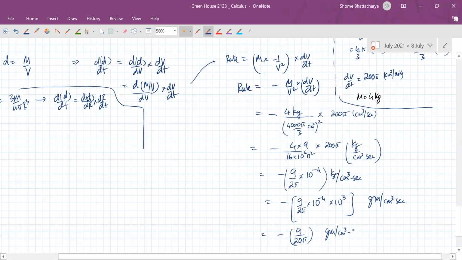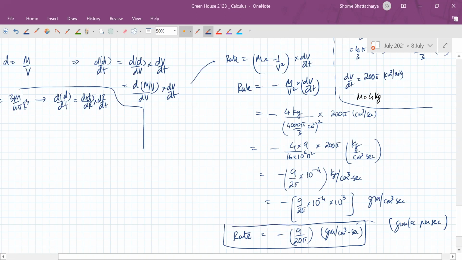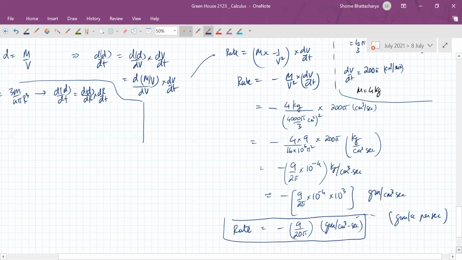The second is in the denominator, so you can think of this unit as gram per cc per second. The minus sign shows that the density is changing at a negative rate. So the density is reducing at the rate of 9 by 20 pi grams per cc per second.